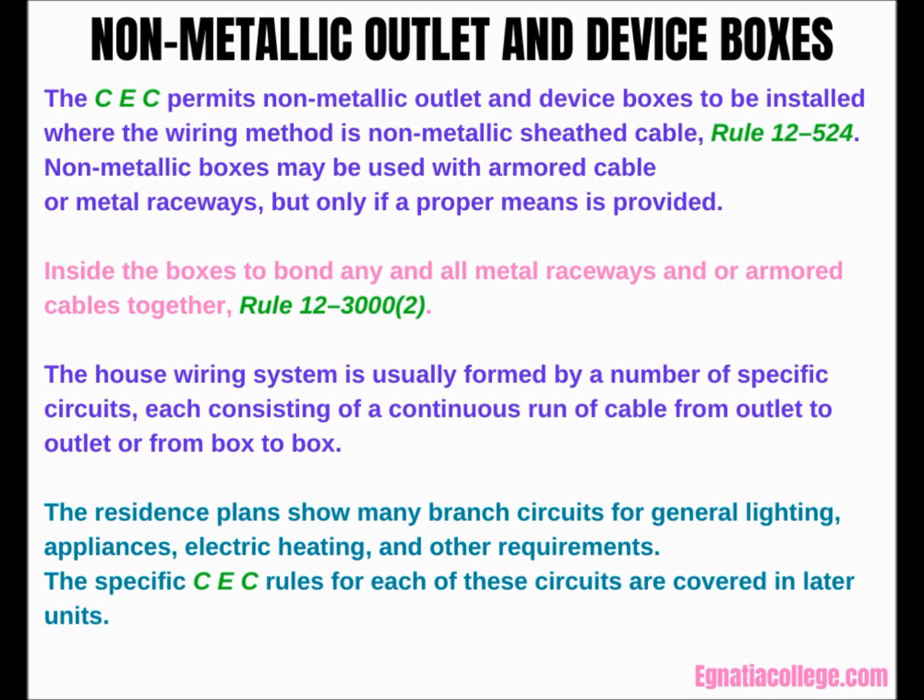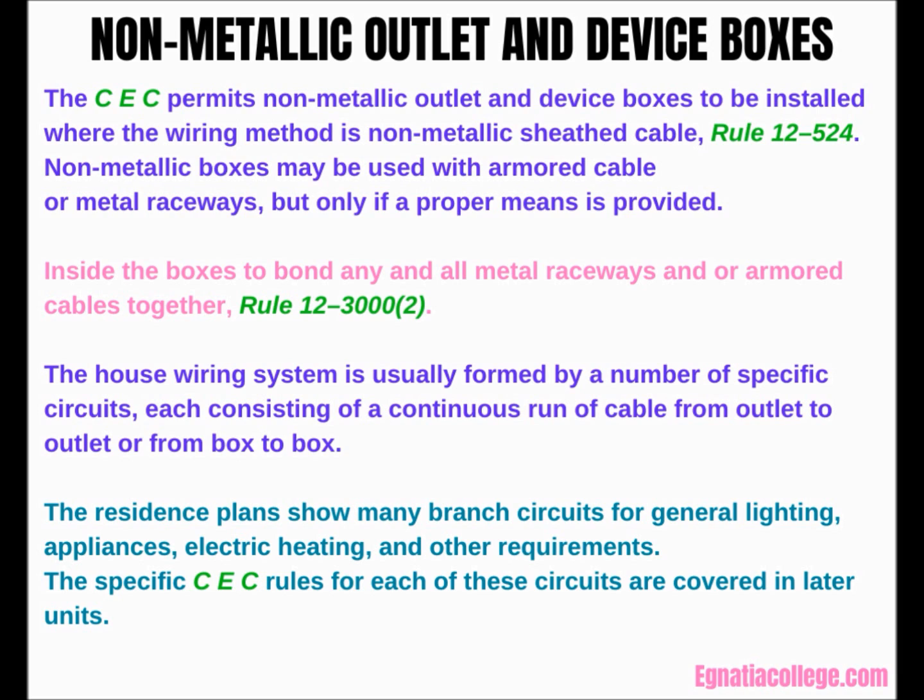Rule 12-3002. The house wiring system is usually formed by a number of specific circuits, each consisting of a continuous run of cable from outlet to outlet, or from box to box. The residence plans show many branch circuits for general lighting, appliances, electric heating, and other requirements.